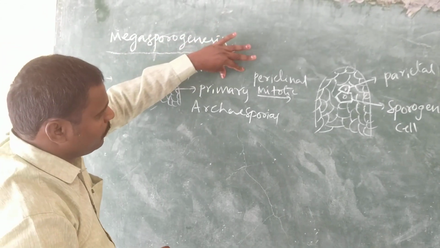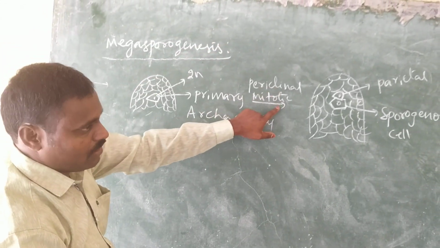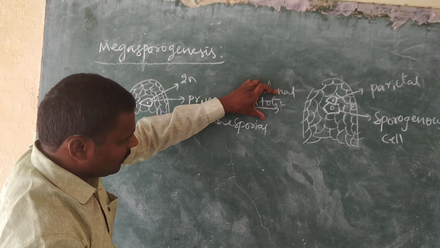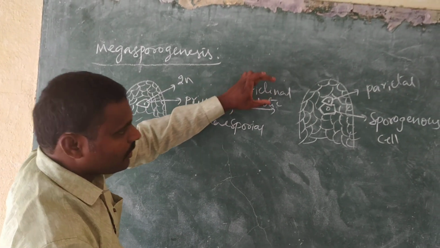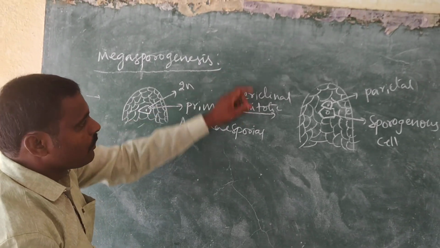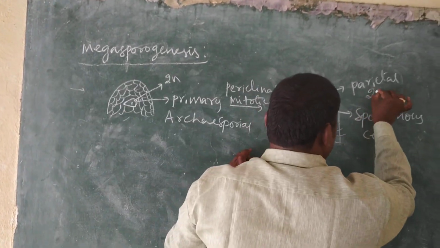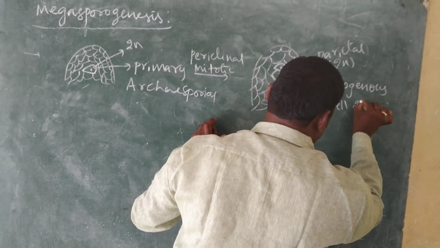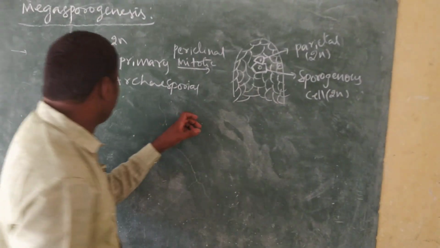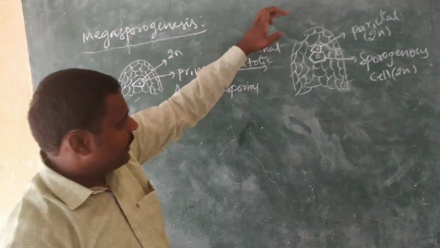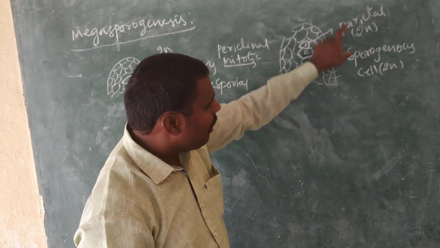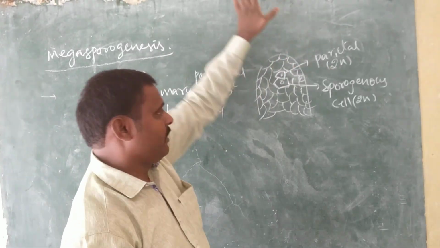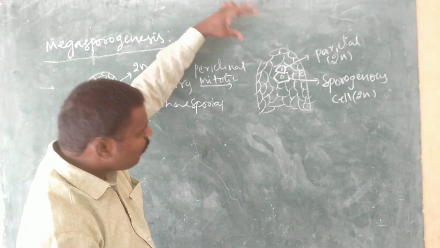Mitotic division is equational division, so there is no change in the number of chromosomes. So the archisporial, parietal and sporogenous cells all have two sets of chromosomes, hence they are diploid cells.